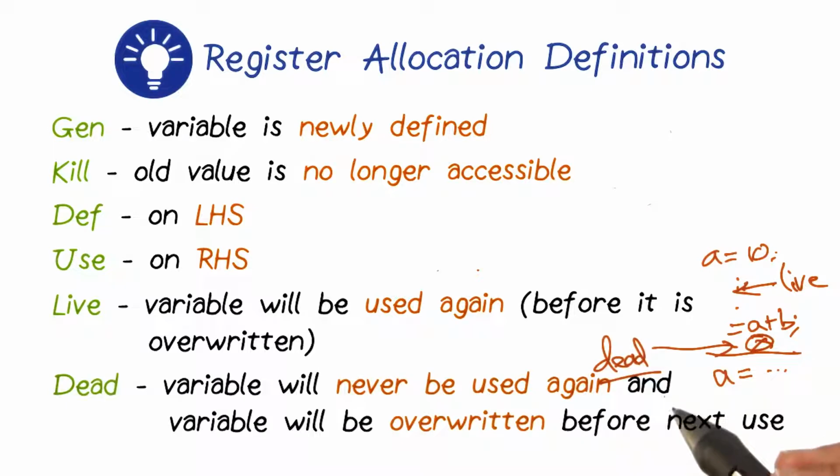And that brings us to the last definition here. When is a variable dead? At that particular point, a will never be used after that particular point. Another a could be defined, and therefore the current a is no longer being used anywhere downhill from that point. If that is the case, we say that a is dead at that particular point, as shown in this example.